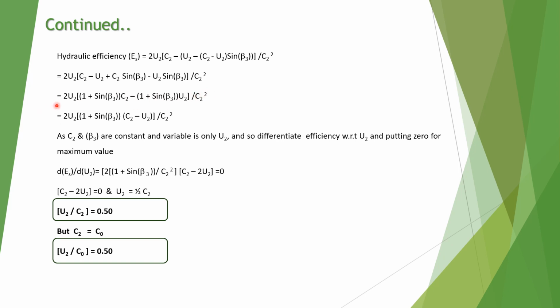So we can write 2 into U2 ((1 plus sine beta 3) into C2 minus (1 plus sine beta 3) into U2) upon C2 square.